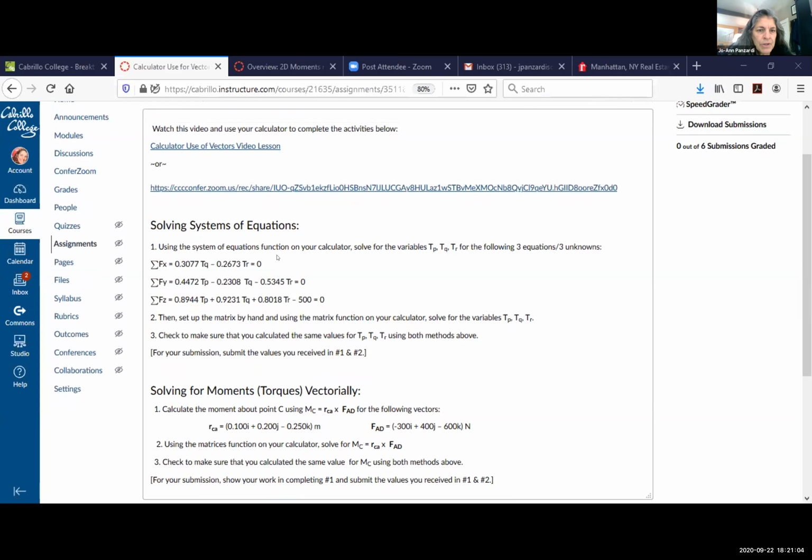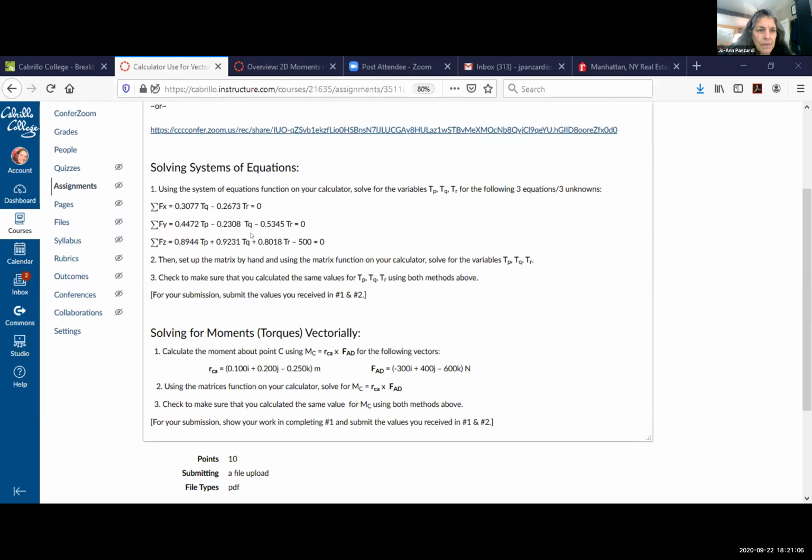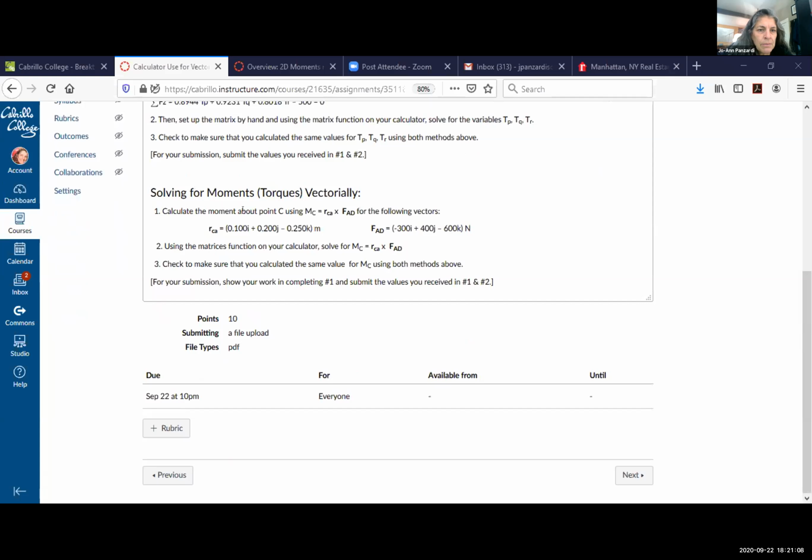Using the system of equations function on your calculator. It's the bottom part. Calculate the moment about point C using this. Using the matrices function on your calculator, solve for this.